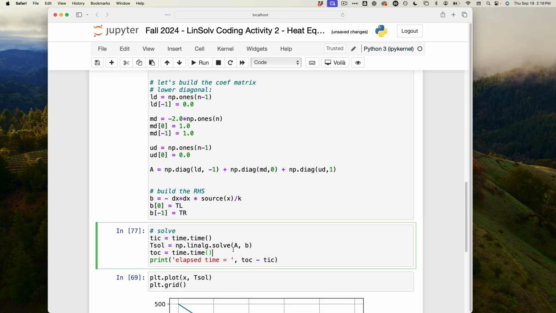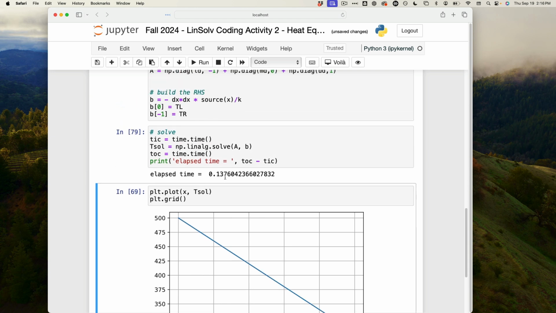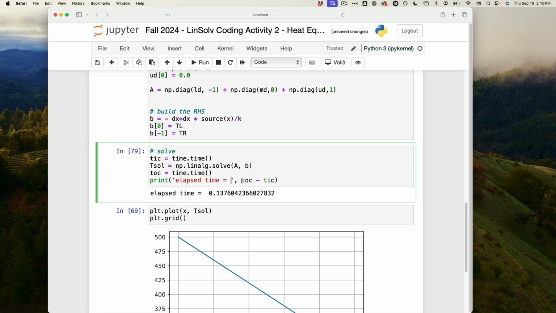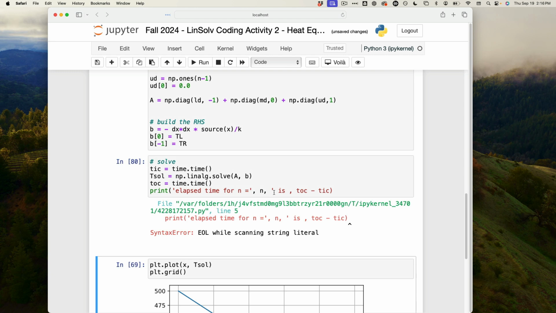Okay, so let's try it. 0.13 seconds for 1,000 points. So print elapsed time for n equal 1,000, tock minus tick.